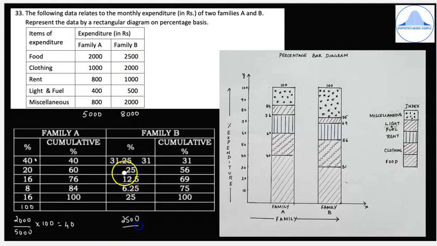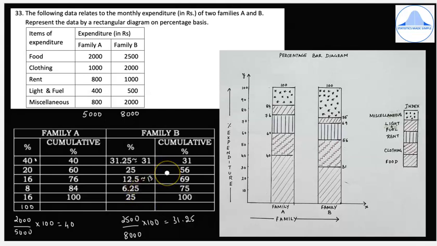You divide it by the total expenditure, which is 8000, and multiply by 100. You will get 31.25. So I've written 31.25 over here, and you can approximate it to a whole number, so it will be 31. Similarly, the next value will be 2000 by 8000 into 100, that is 25. Next, you'll get 12.5, which you can approximate to 13.